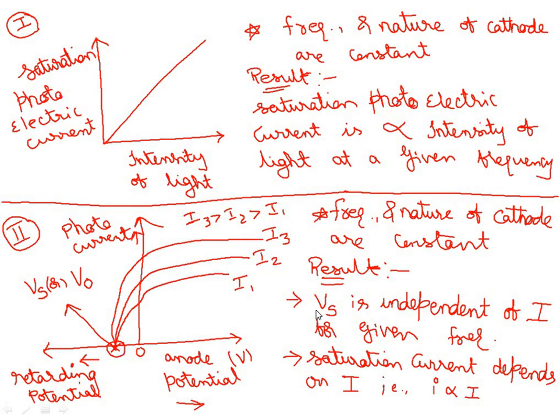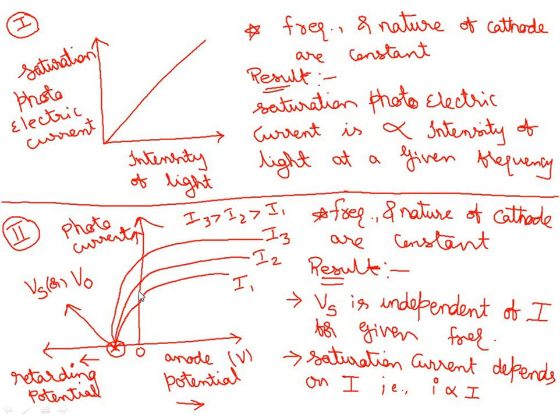Stopping potential is independent of intensity for a given frequency. Until you change the frequency, there is no problem at all. For a fixed frequency, however you change the intensity, for three different intensities the stopping potential value is still the same. And one more point: saturation current depends on intensity.